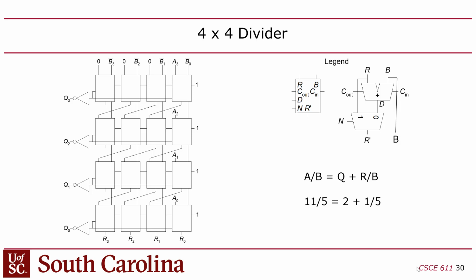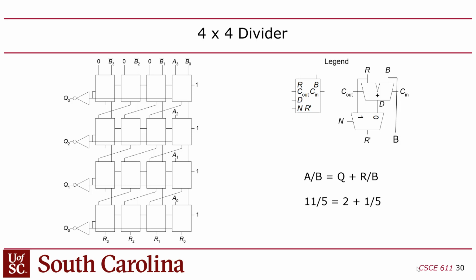And then the B input is negated. You see the B, you see the little bar above the B's up there? Right, so B is the denominator, it's the divisor. Guys with me?